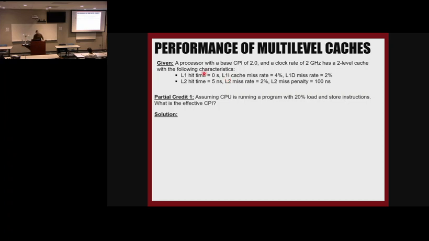Okay? So the second layer of the cache has a hit time of 5 nanoseconds and a miss rate of 2%, and L2 miss penalty of 100 nanoseconds. I can have the same question with different words. I could have said the main memory access time is 100 nanoseconds.